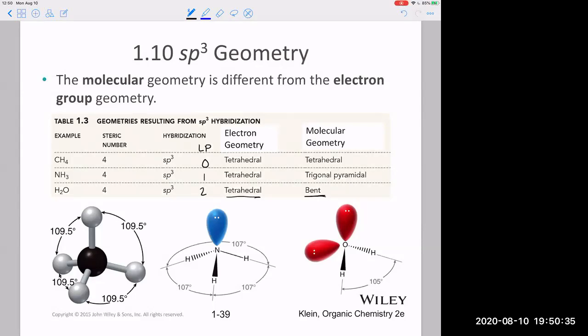Another thing I want to point out is this drawing right here and what these wedges and dashes mean. This is what's called a perspective drawing. It's trying to convey geometry through just the 2D printed page. So these wedges are pointing out of the page.